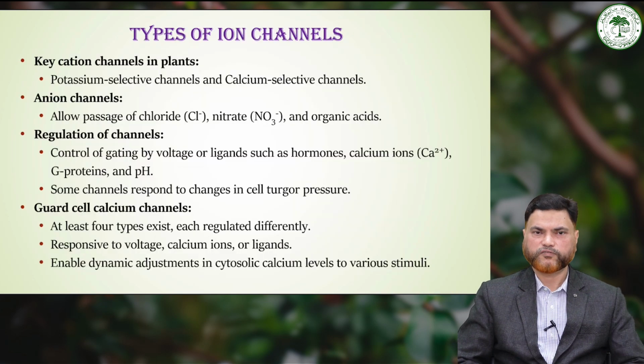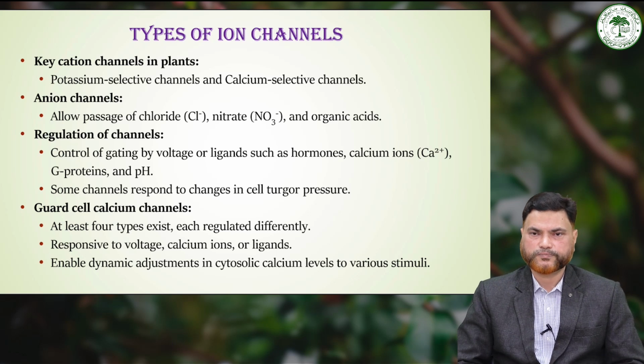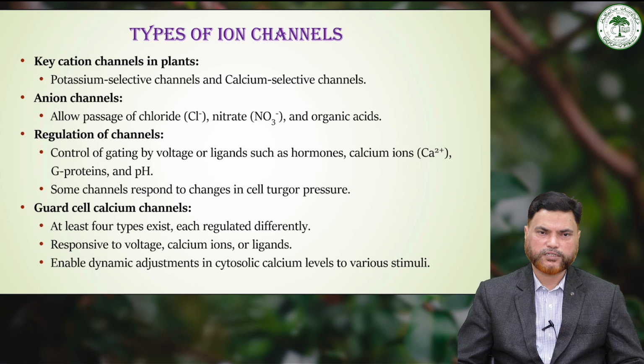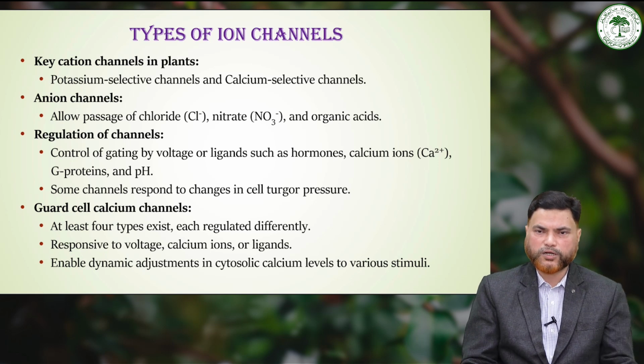Now, what are the different types of ion channels that are present? We will discuss that. Basically, important cation channels found in the plasma membrane are potassium selective channels, and these potassium selective channels can transport potassium ion both inward and outward.